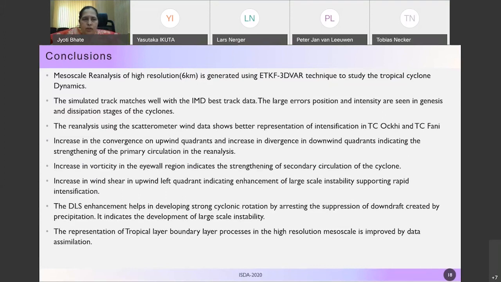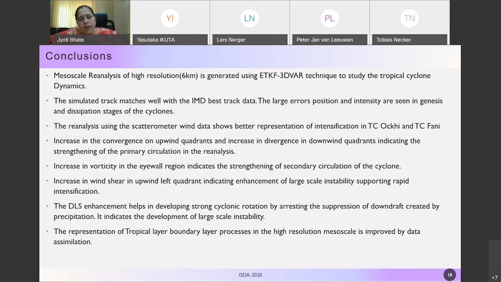Increase in convergence on upwind quadrants and increase in divergence in downwind quadrants indicate the strengthening of primary circulation of the reanalysis. Increase in vorticity in the eyewall region indicates the strengthening of secondary circulation of the cyclone. Increase in wind shear in the upwind left quadrant indicates the enhancement of large-scale instability.